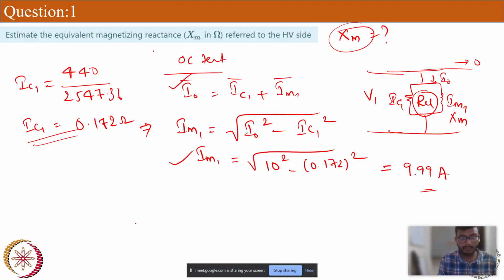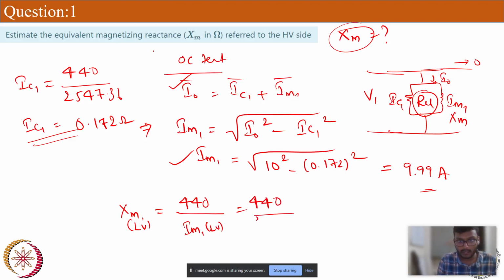Now I got IM. Now how can I find XM? XM1, that is LV side, is equal to the voltage across that branch divided by IM1 LV: 440 divided by 9.99, which is 44 ohms. Now what was asked? We have to find XM1 on the HV side.